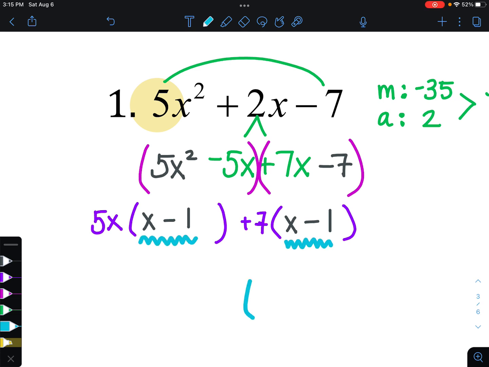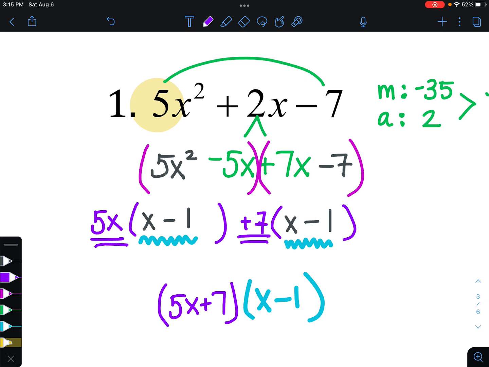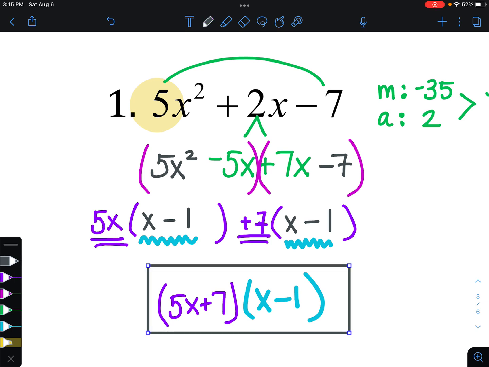Both of those were x minus 1. That's going to be one of the factors in our final answer. And the other factor is the GCFs combined, 5x plus 7. These are the factors of this original polynomial.